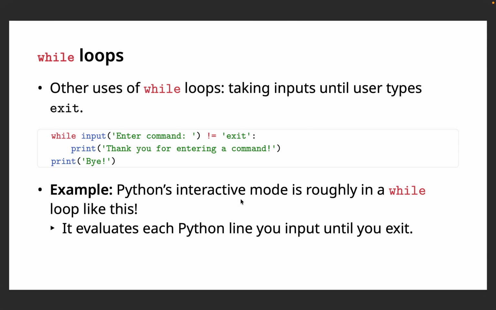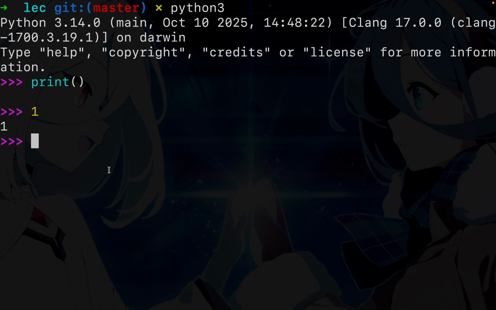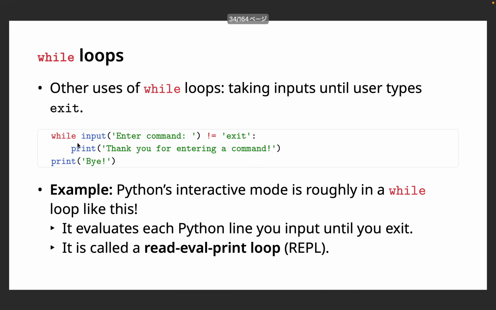Whenever I give it a value, it evaluates that value, then it moves on to the next prompt like this. This is what we call the REPL. The read reads input from the user, it evaluates that input, then it prints out what it evaluates. So read, eval, print loop.